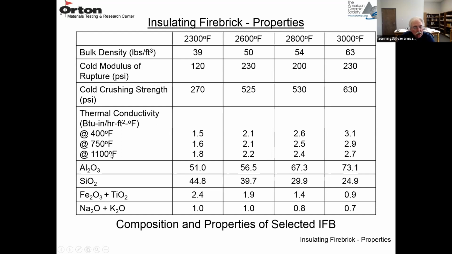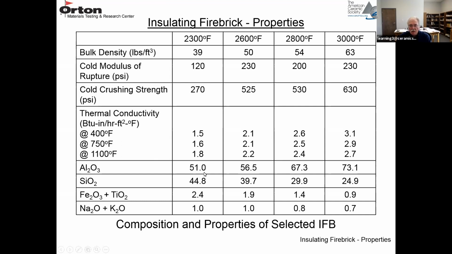There's not a lot of photon or radiation conductivity present at these temperatures yet, so it's basically fairly constant, but they're relatively low. These are a little higher than 1. These are about 3, compared to other materials like alumina and MgO, which are well over 100. So they're very low conductivity.